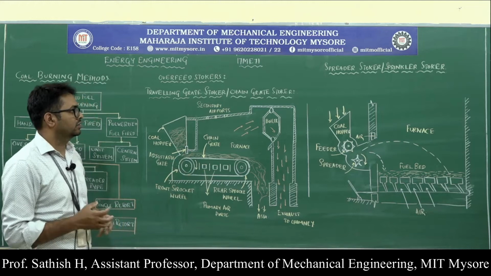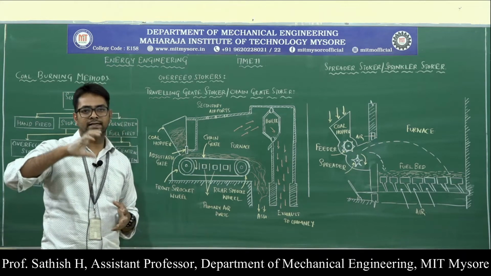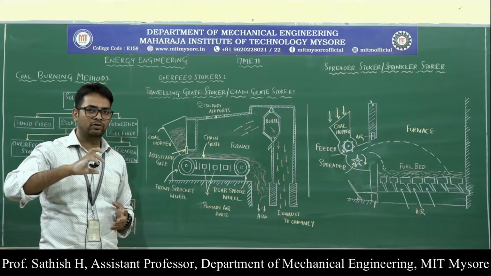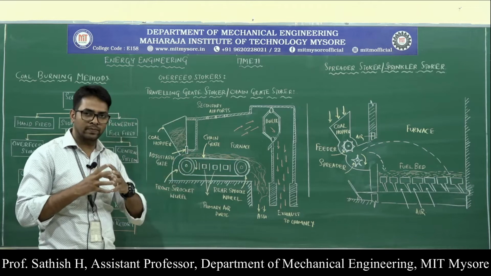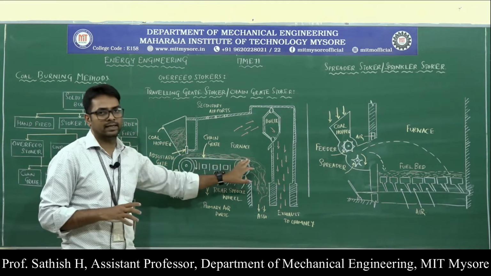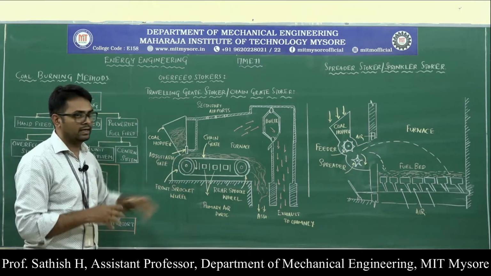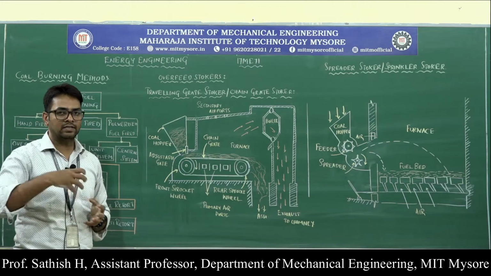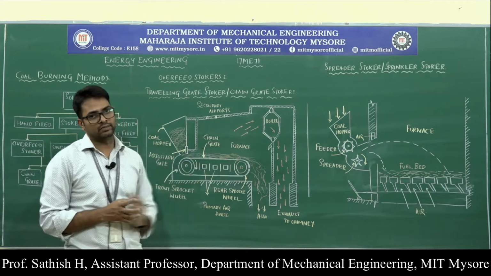The function of this adjustable gate is to control the depth of the coal or fuel on this grate. If it is in a totally closed position, there is no flow of coal over this chain grate. By lifting or adjusting this gate, you can control the depth of the coal over this bed here.